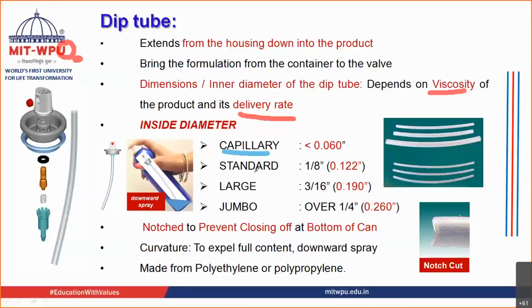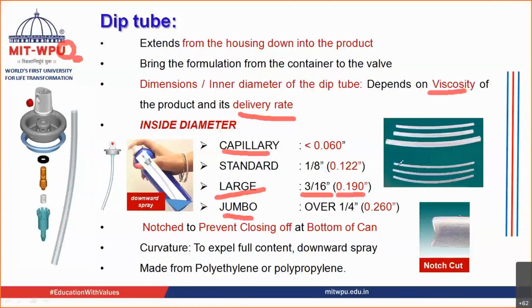You can have a standard dip tube which is 1/8 of an inch, that is 0.122 inch inner diameter. You can have a large inner diameter dip tube, 3/16 of an inch, that is near about 0.190 inches.